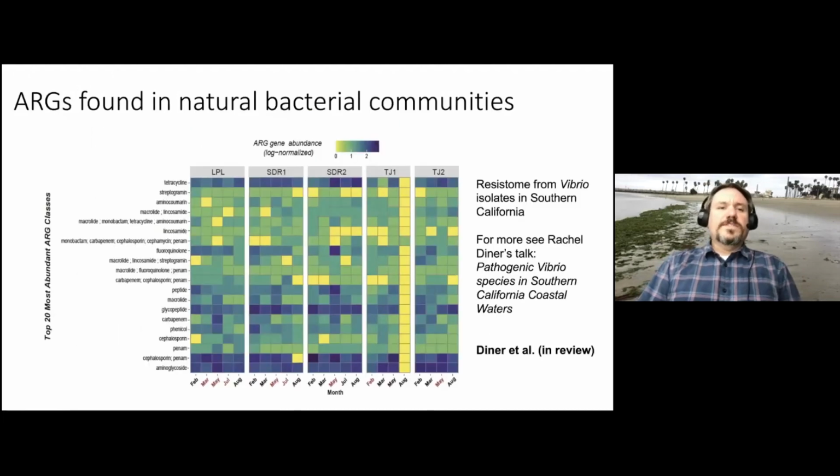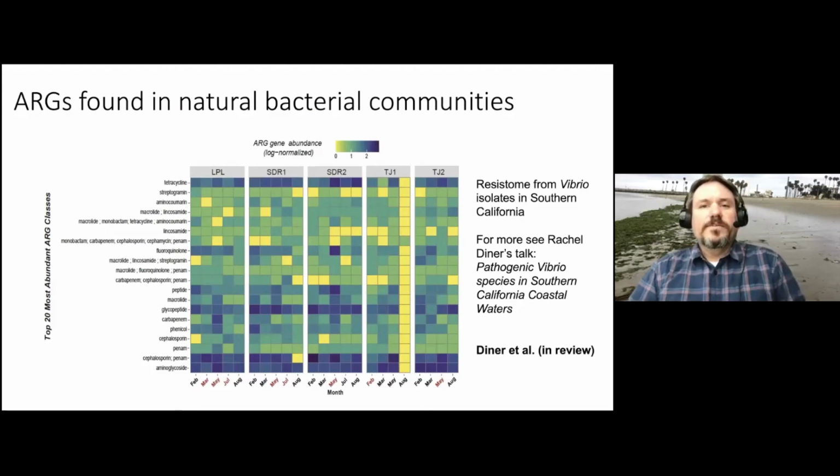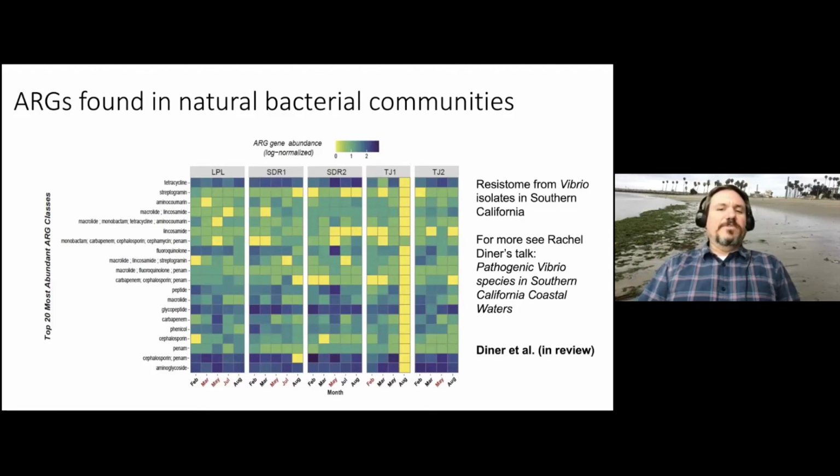One of our thoughts was that maybe the genes are going into natural bacterial communities and sort of hanging out there. So we took a look at, in partnership with some of our collaborators at UC San Diego, Rachel Diner in particular, and you should go see her talk for more details on the Vibrio isolates and Vibrio communities.